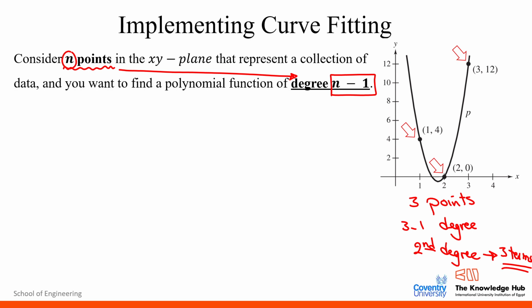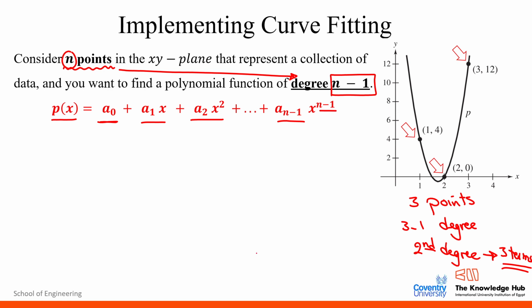So the general form of the equation of the polynomial function, we have here p of x equal a naught. This is the free term without any variable, and a1x plus a2x squared till a n minus 1 multiplied by x to the n minus 1.